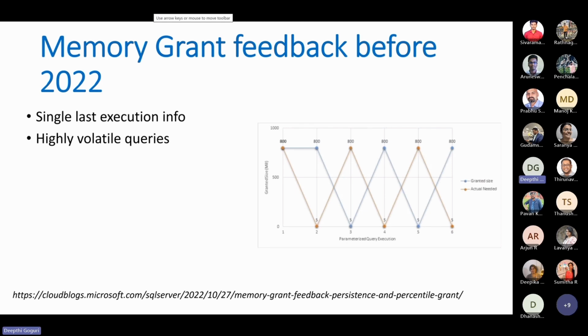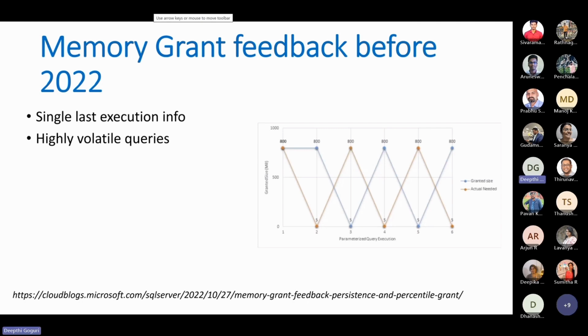Previously, before 2022, don't get confused by looking at this diagram, it's very simple. Before 2022, memory grant feedback always just looked back at the last execution's feedback, only the last one. Let's say the query you are running requires 800 MB of memory to run.